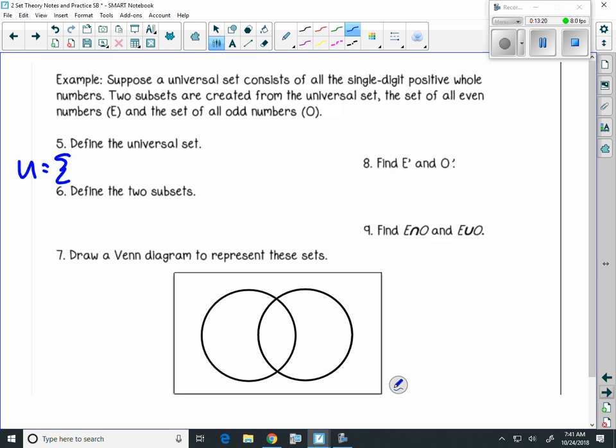Is 0 a single digit? Is it positive? 0. Okay. 0, 1, 2, 3, 4, all the way up. Do I stop at 9? Yeah, because 10 has 2 digits, right? So we're going from 0 to 9.